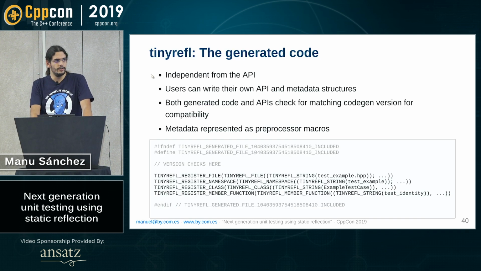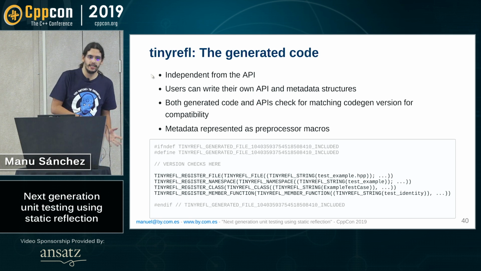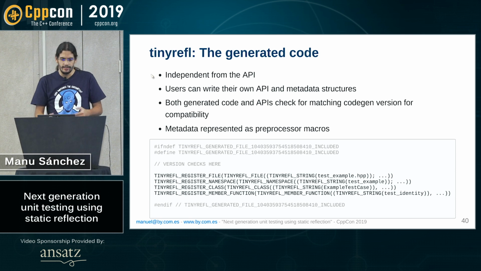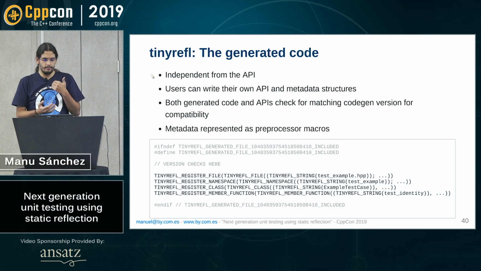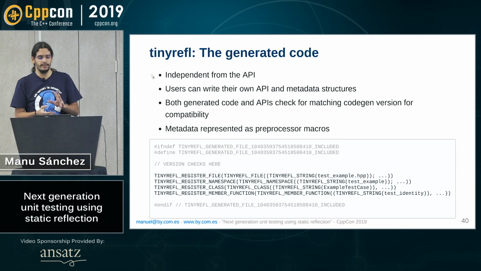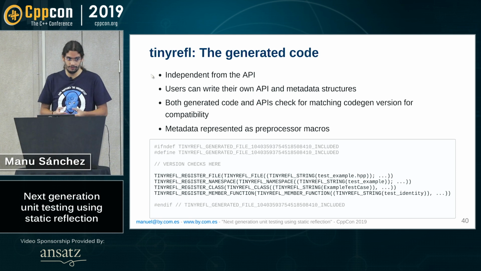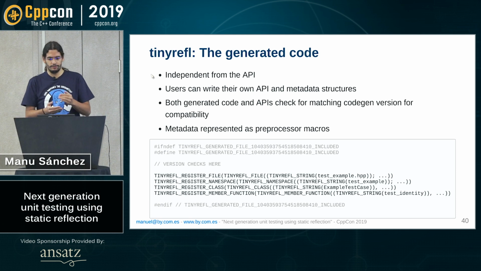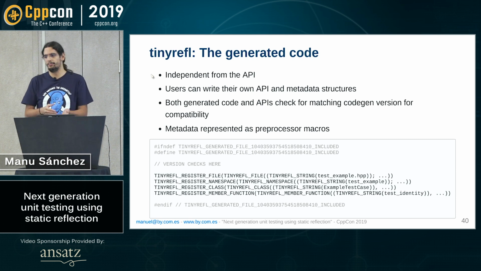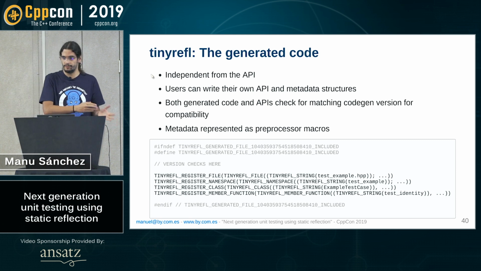The generated code is completely independent from the Reflection API. You can write your own API, you can use the default or built-in API, everything works. The metadata is represented as macros, as C++ macros or C macros, because re-implementing an API is as simple as finding a representation of each entity of the metadata.